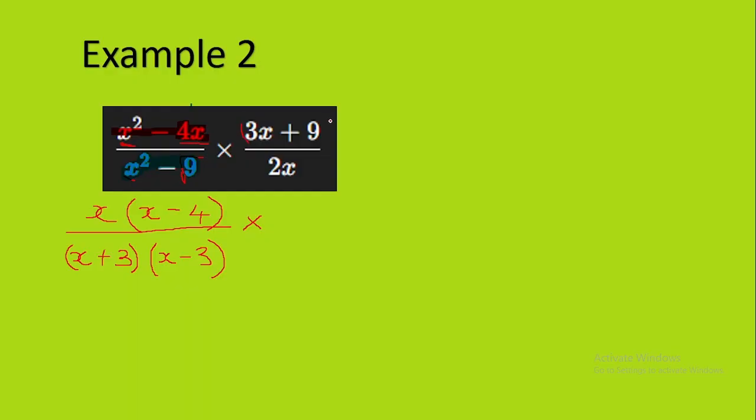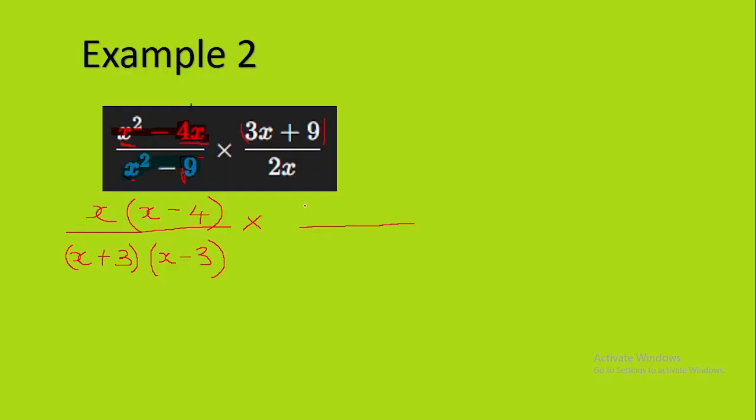Now let's look at the second fraction right here. So looking at the numerator for this fraction, we have 3x plus 9. So we can factor 3 from the two terms above for the second fraction. The highest common factor would be 3, because 3 can go into 3x, and 3 can also go into 9.